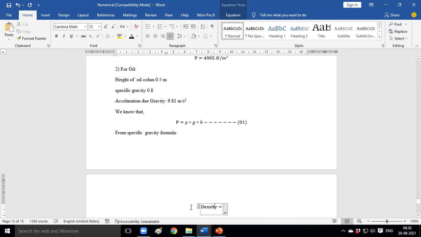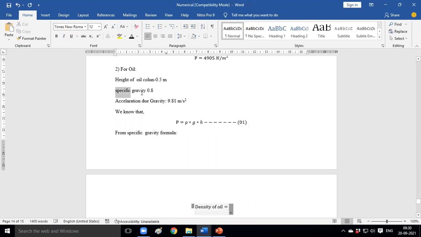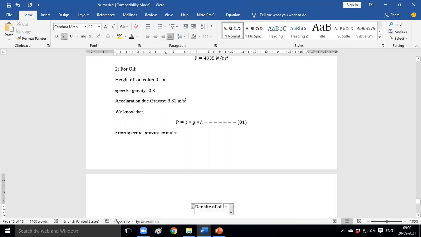Density of oil is equal to specific gravity of oil multiplied by 1000.